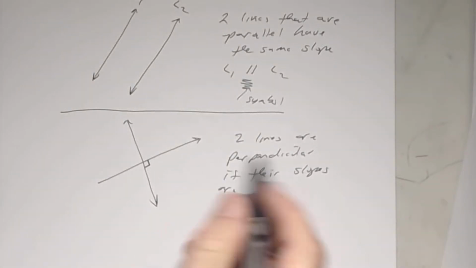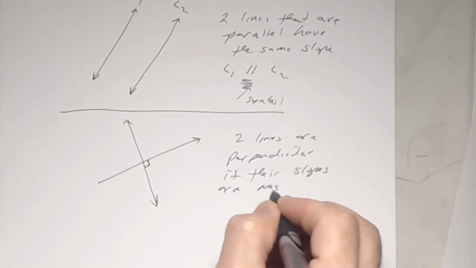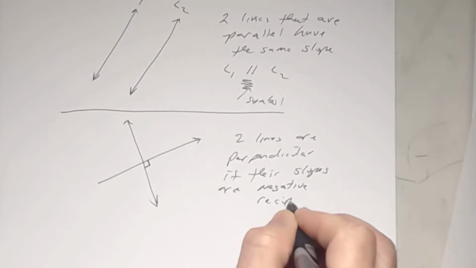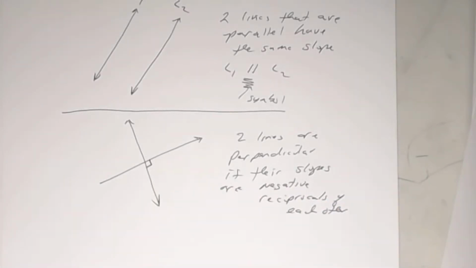Parallel. So 2 lines are perpendicular if their slopes are negative reciprocals of each other.